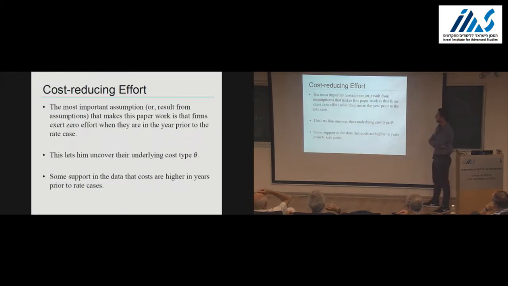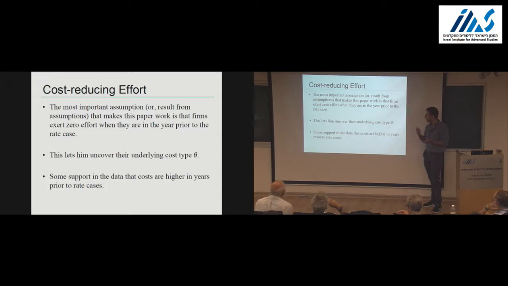Okay, so back to the most important assumption, or I'd say the result from the assumptions that he makes. It's actually more extreme than that they reduce their effort the period before. Under his assumptions, they go all the way to doing zero effort the period before. At a high level, there's not two unobservables, there's one which you can back out from the observed data.